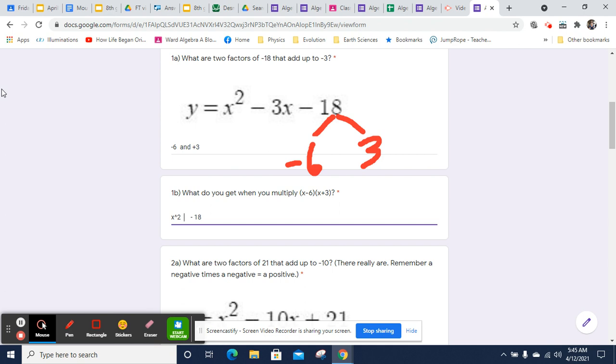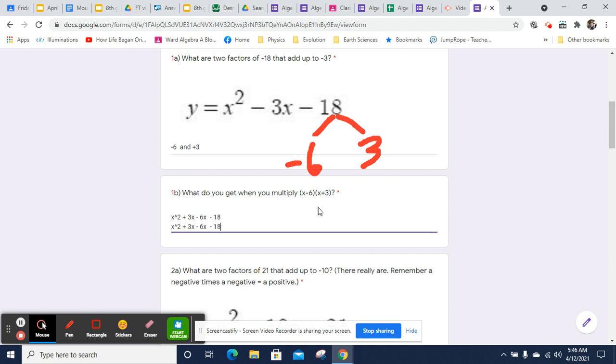Then x times 3 is plus 3x, and negative 6 times x is minus 6x. Putting that together, I can combine my like terms of 3x and negative 6x, and I end up with negative 3x. And that's exactly what we had up here.